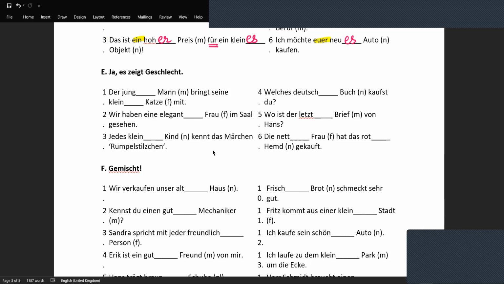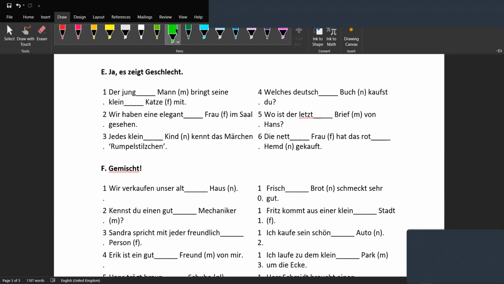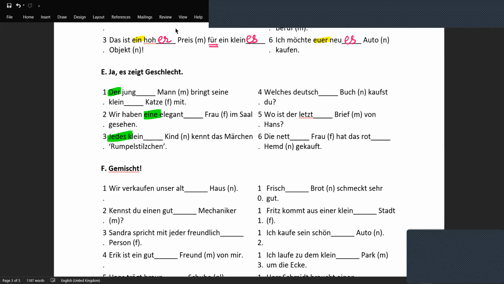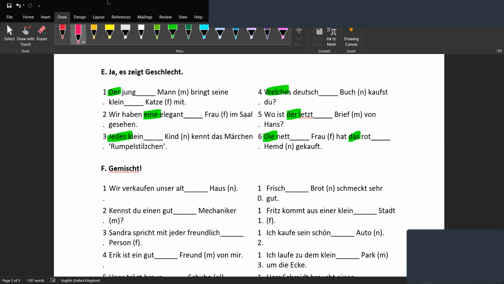All these articles here that we have in these 6 sentences do show us the gender, which means we will be again using table 1. Okay, so table 1 is again the table of E and EN.